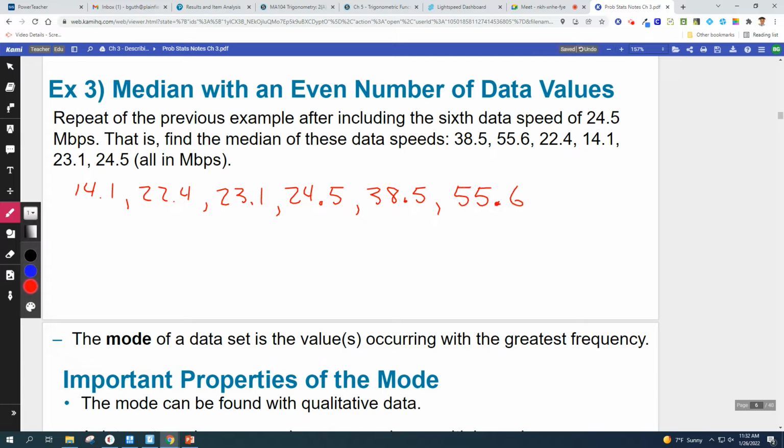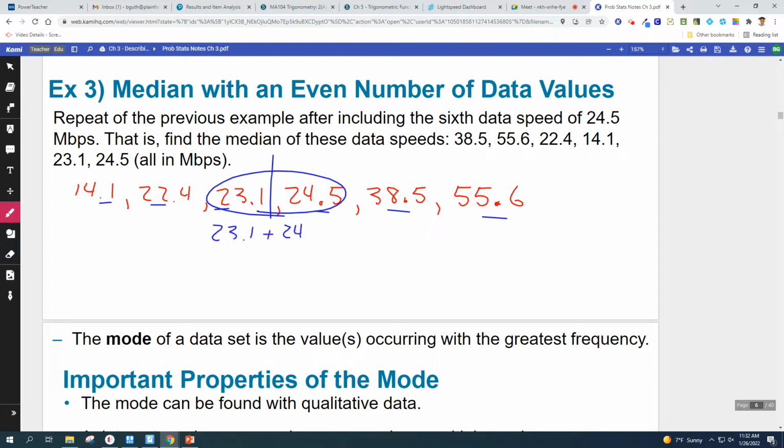And so if you look at the middle, 1, 2, 3, 1, 2, 3, the middle is right there. And so we just need to find the middle of a middle, or the mean of these two numbers. So we're going to take 23.1 plus 24.5 and divide by 2. We get 23.80. That's the median.